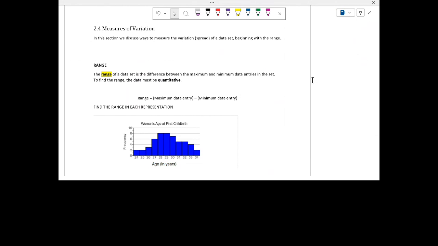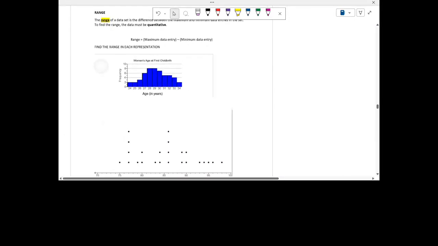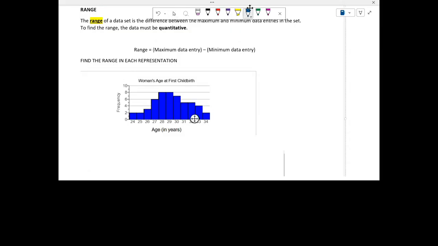So, y'all, again, we've talked about range before. What we want to do here for these first two problems is, actually, let's just look at the picture. Find the range. Remember, the way we find the range is we look for the biggest number, then we look for the smallest number, and we subtract. Here we're talking about how old or young a woman was when she had her first child.